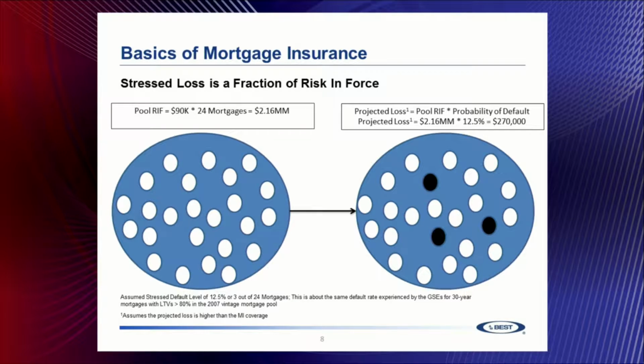To get the stress losses, you need to multiply the risk in force by the probability of default of the mortgages. Here we assume a probability of default of 12.5% on mortgages, which is 3 out of the 24 mortgages. So the stress loss here is $270,000, which is quite a lot lower than $2.16 million in risk in force. So risk in force is not a great way to measure stress losses.